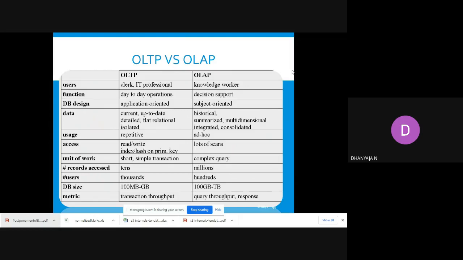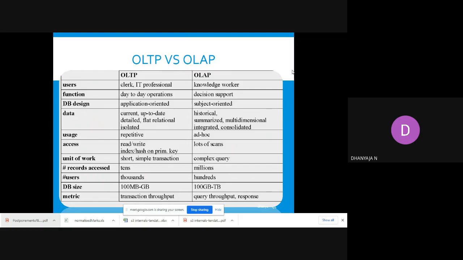And the data will be current and up to date, detailed, flat, relational, and in the user's perspective it is repetitive, and OLAP is ad hoc. Whenever we need, we will use it.